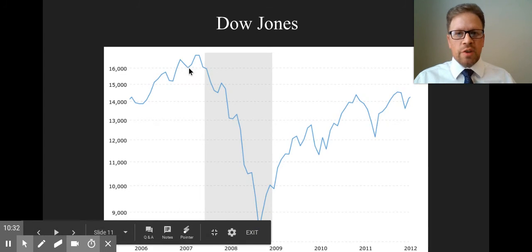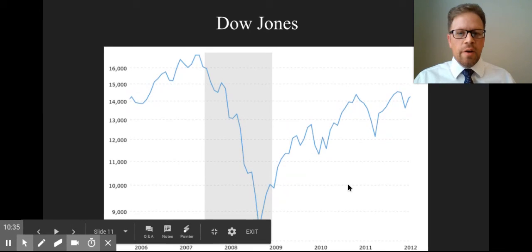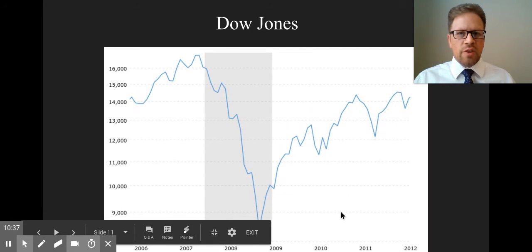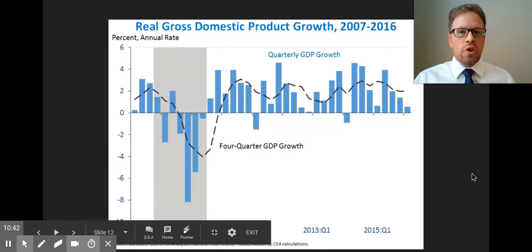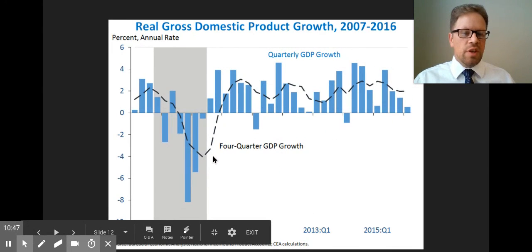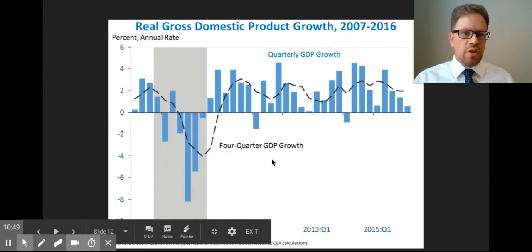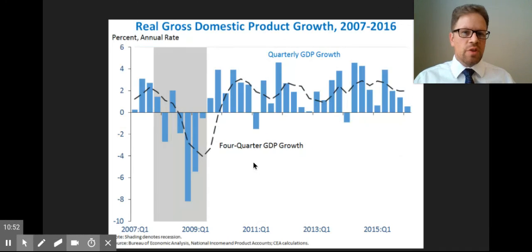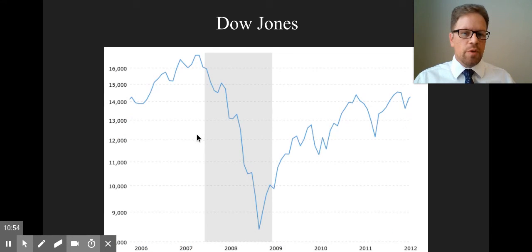So stock prices right about this point started to drop. This drop actually happened before the recession actually happened. So when stock prices drop, that's usually a sign that, oh, the economy could be destined for a drop. So this illustrates that that drop is very similar to the actual drop that took place.